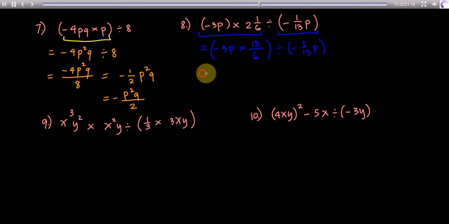Okay, then let's simplify. Negative 3P times 13: negative 3 times 13 is negative 39, so negative 39P over 6. Or we can actually make this simpler.